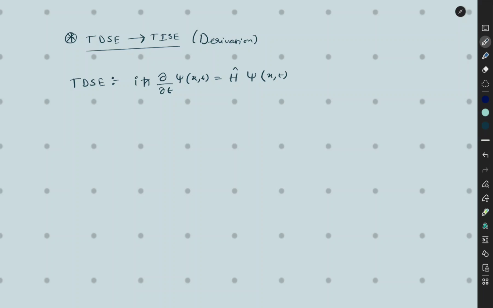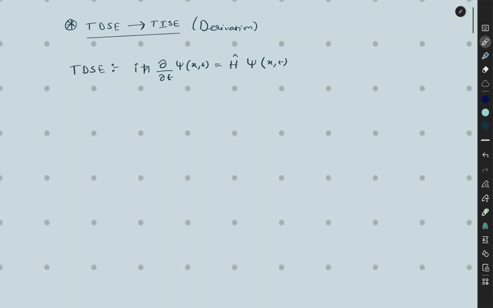So now the Hamiltonian is the sum of the kinetic and the potential energy operators. So we can write, for our own understanding, H cap equal to T cap plus V cap.